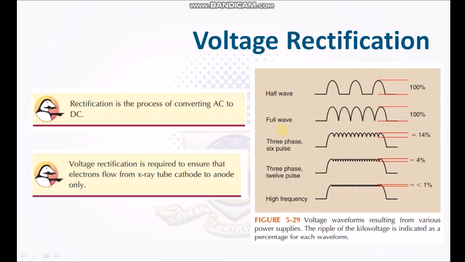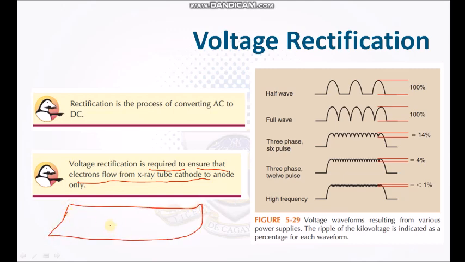Okay, so rectification is the process of converting AC into DC. Now we rectify the voltages across the X-ray tube. Now voltage rectification is important and is required to ensure that electrons will flow from the X-ray tube cathode to the anode only.